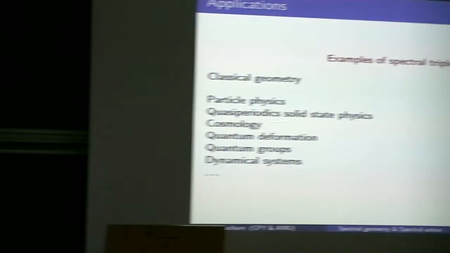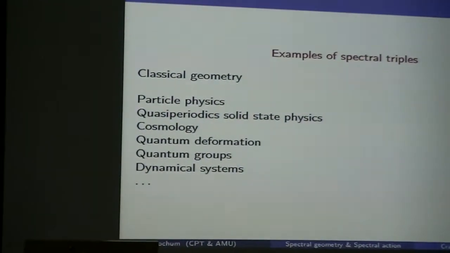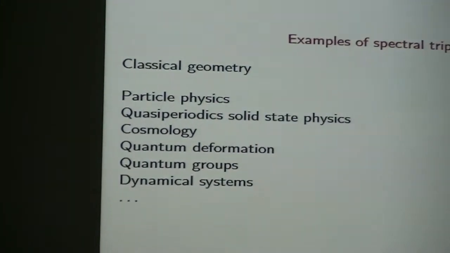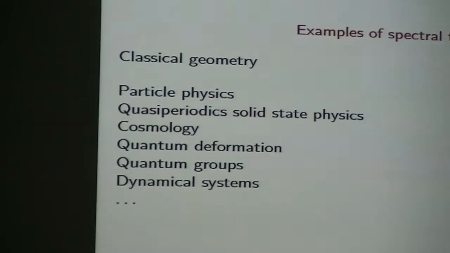It also appears in solid-state physics, first with the quantum Hall effect, which has some origin precisely in K-theory based on C-star algebras on quasi-periodic systems, but today there is an industry on that. Of course, in cosmology, I suppose that we'll hear something today about that.